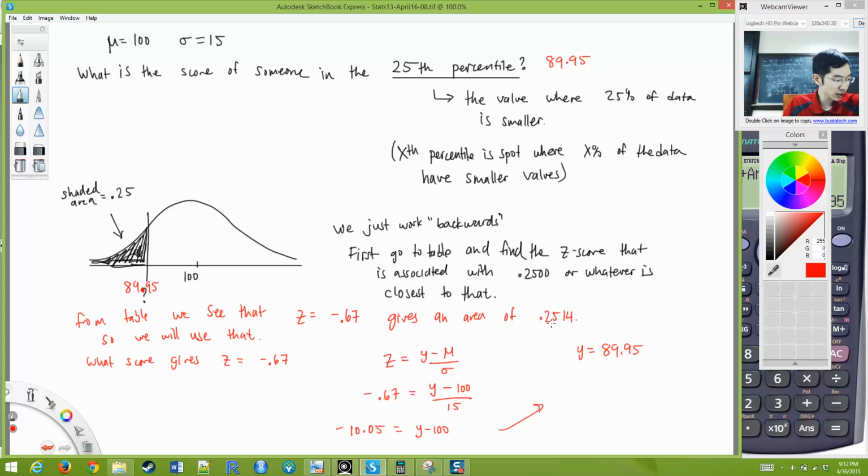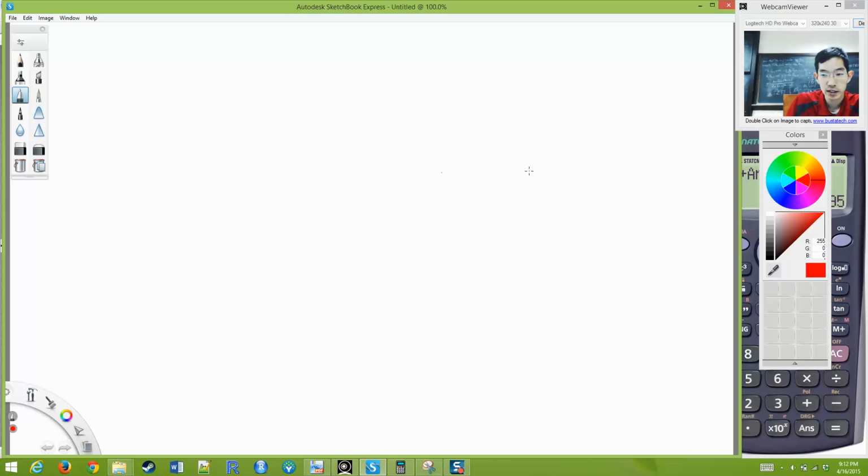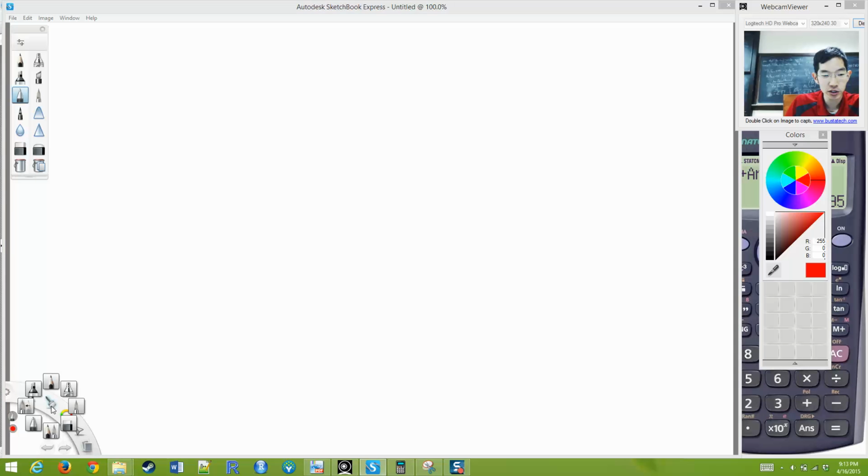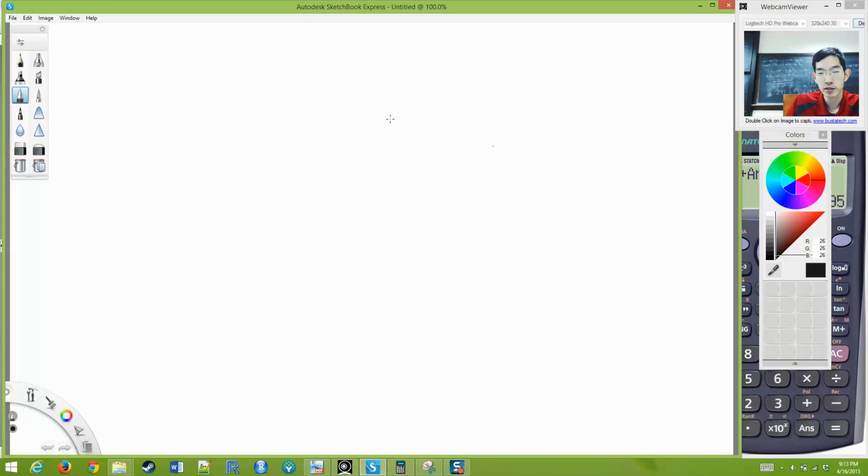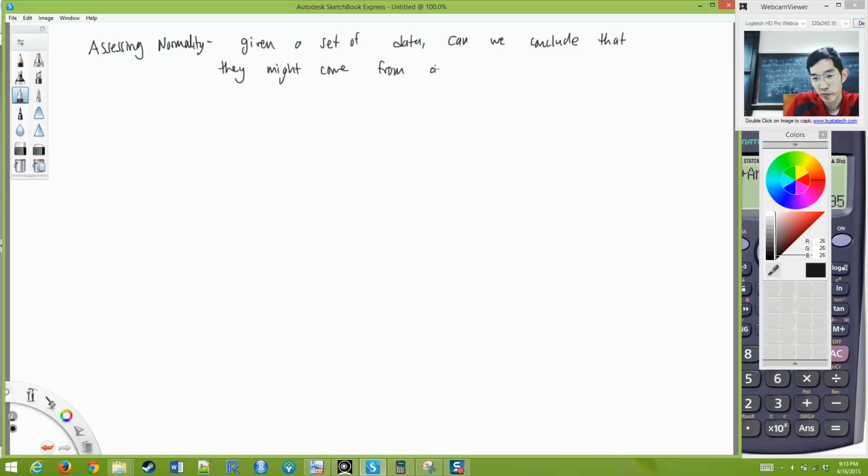There is a section in the book, section 4.4, talking about assessing normality. Okay? And basically, the question is, given a set of data, can we conclude that they might come from a normal distribution?